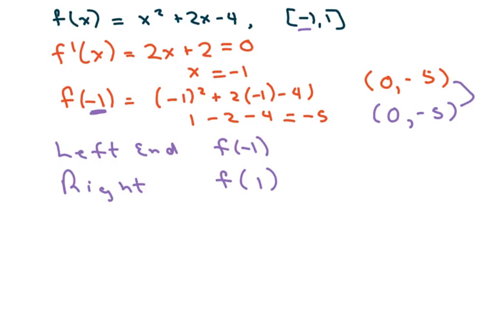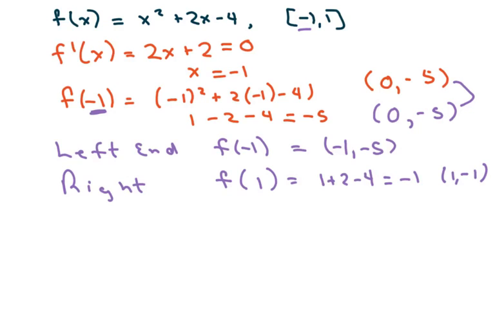When you plug in 1, you're going to get 1 plus 2 minus 4, which equals negative 1. So this one is at negative 1, and this will be (1, negative 1).